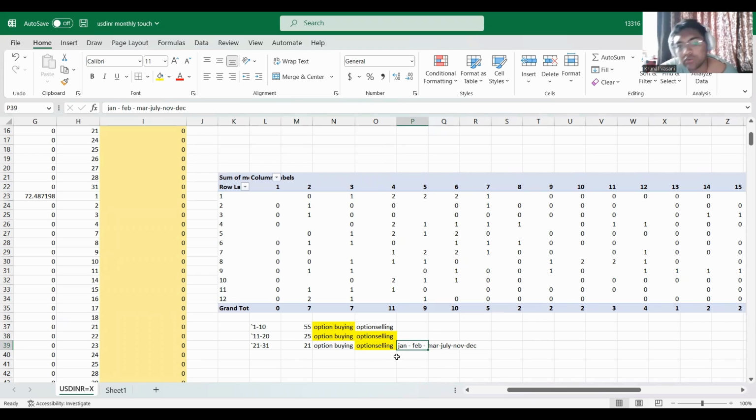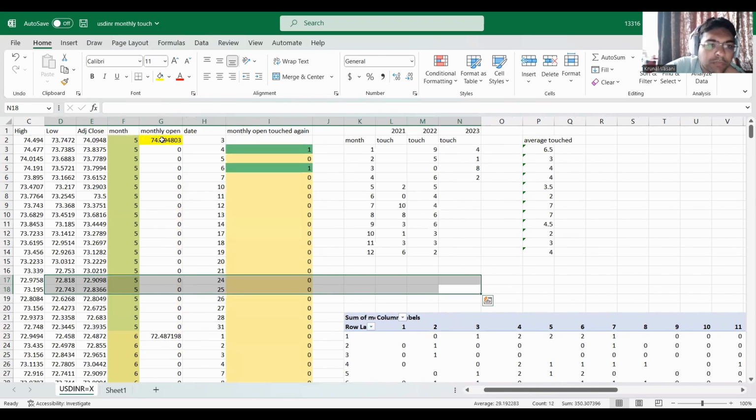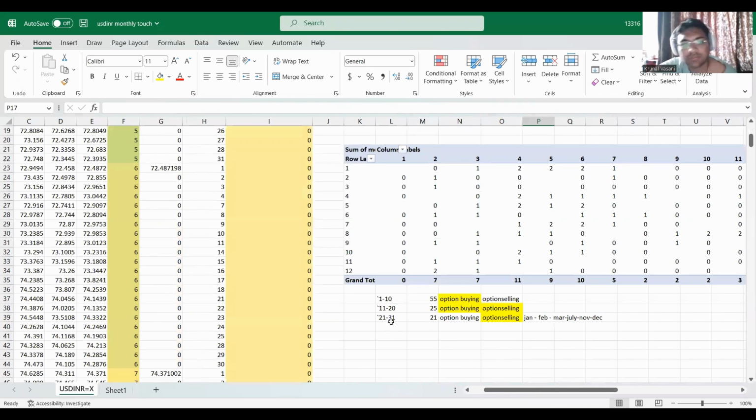So we are most likely to get the theta decay, or let's say delta move, in option selling in these months. And we will choose our strike as the monthly open for that month. So this was the analysis.